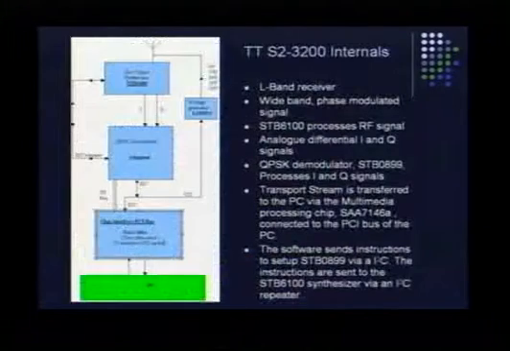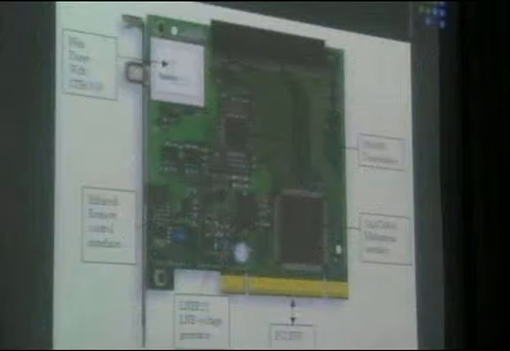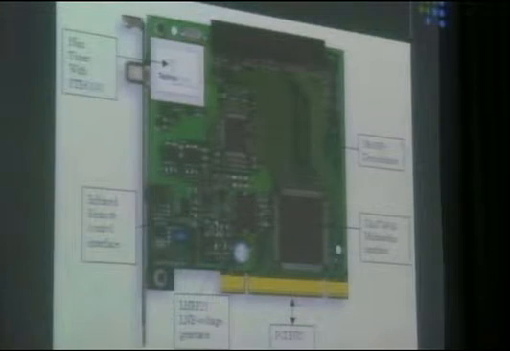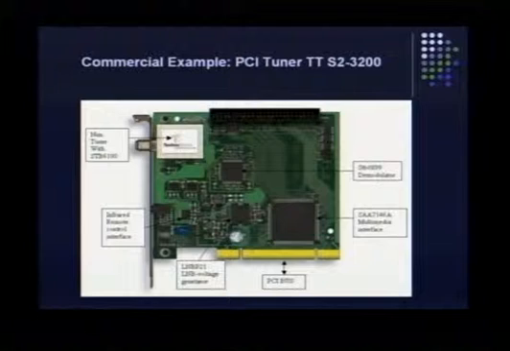This is an example of a PCI card I used for my software. You can see there is very little chip on it, very few chips. You have the zero tuner, the NIM tuner, with inside, excuse me, sometimes I speak in French, with inside only one chip, which is the zero tuner.